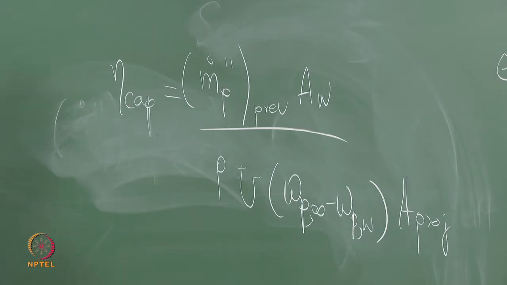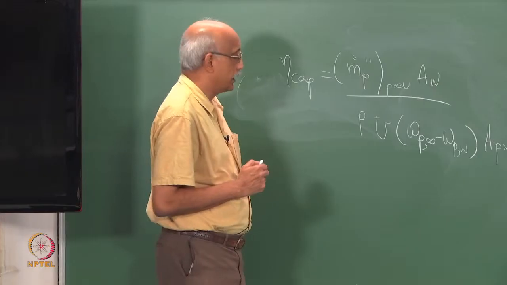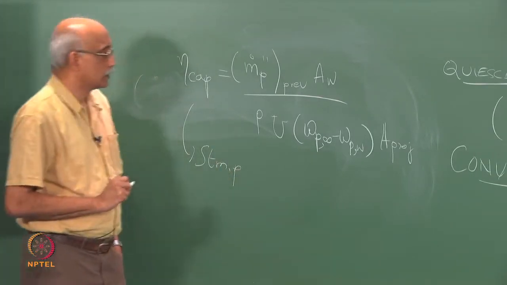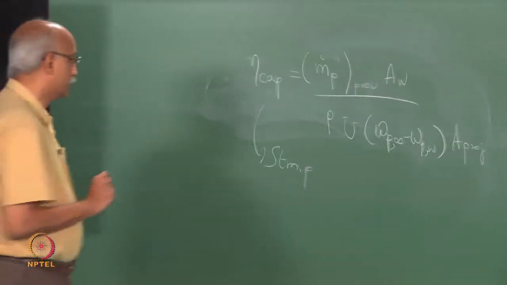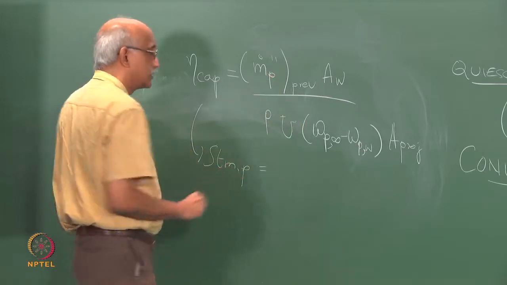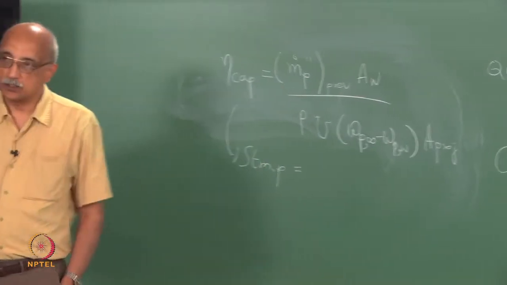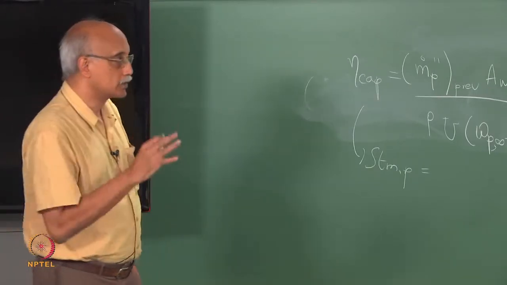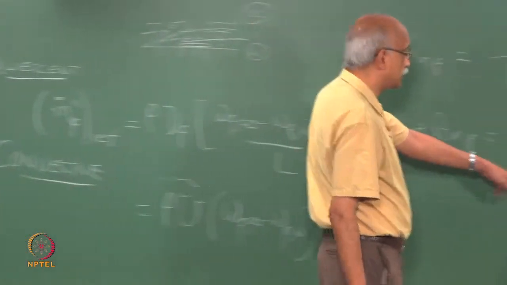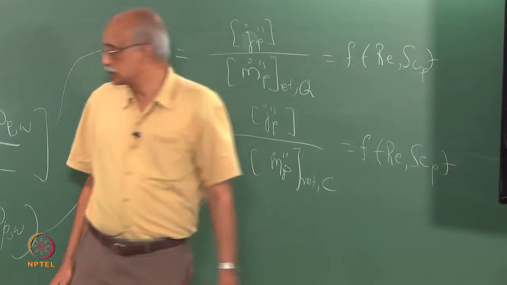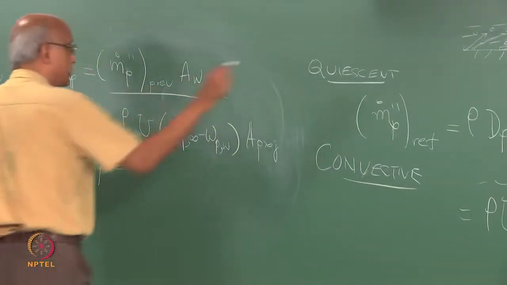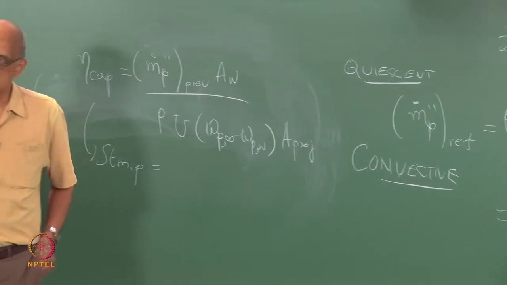So, if you look at this expression for eta capture and compare it to the Stanton number, how does it look? Well, this divided by this is not exactly equal to the Stanton number, but it is close to it. The Stanton number by definition is the diffusive flux of particles divided by this part, which is basically the same as the denominator over there, but this is different from what we have used in our definition for Stanton number.